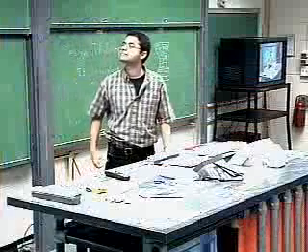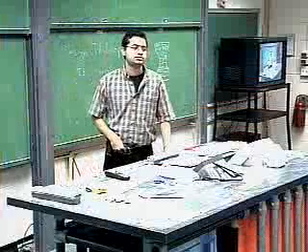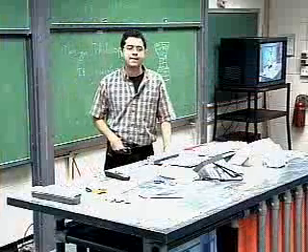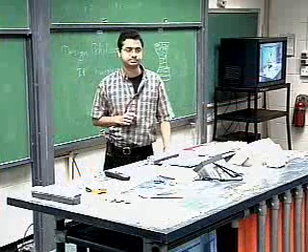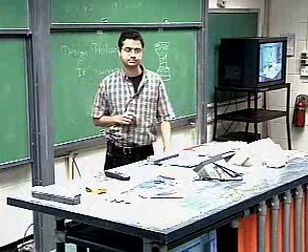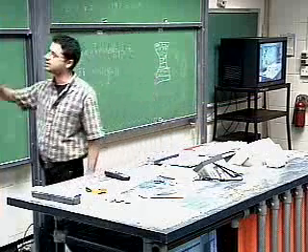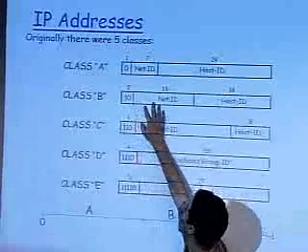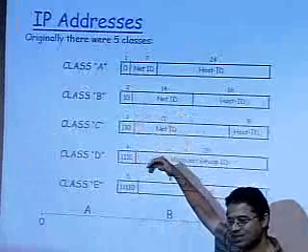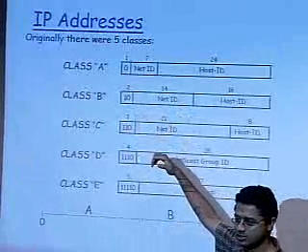If the highest order bits are 110, then it's a class C address, so you should need the next 21 bits as a network ID. Originally, yeah. So for a class B address, the first 2 bits are always 10. The next 14 bits will define which network this class B address belongs to.